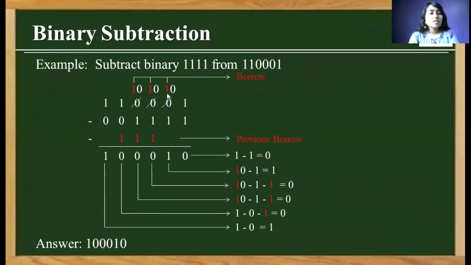Then here we take borrow 1 0. So 1 0 minus 1, we have an answer 1. Now subtraction of this bit position is over, but here we took a borrow, so we have to return it in the next bit.